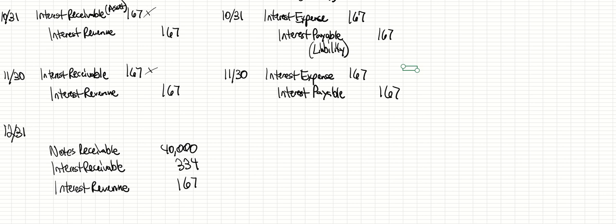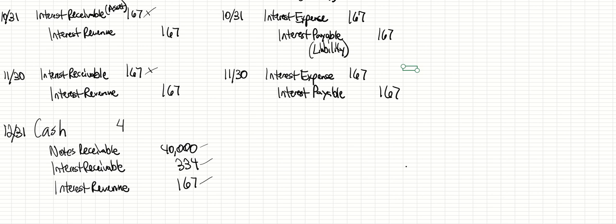So the next and last thing on the lender side is we need to record the cash that's received. The cash received is going to be the principal balance of $40,000 plus the interest that has been accruing in the company's books since October 1st. So from October 1st to December 31st, we have $40,000 plus 334 plus 167.